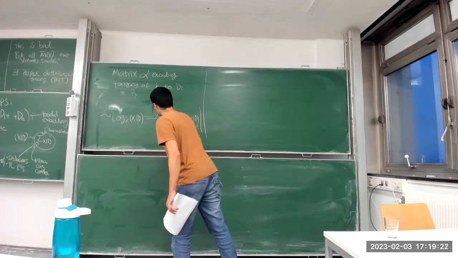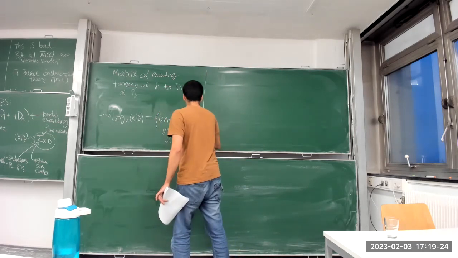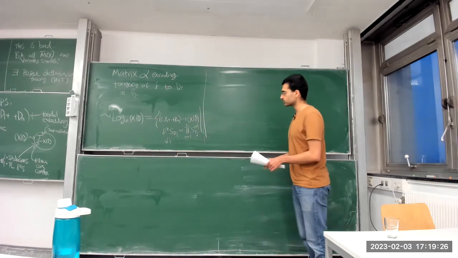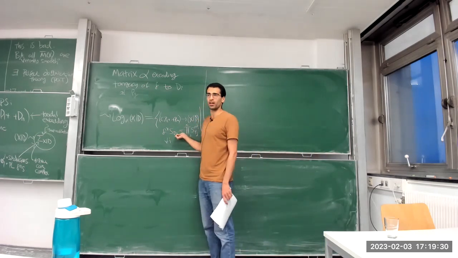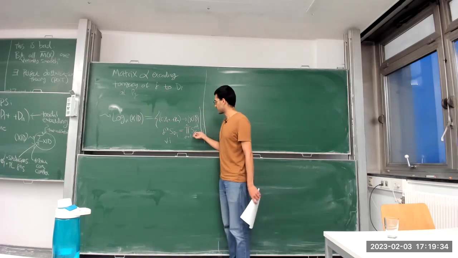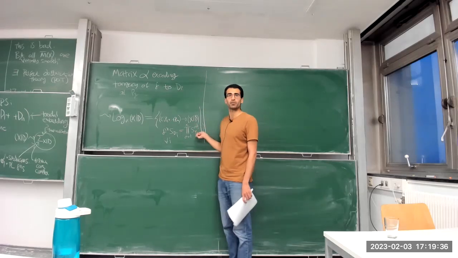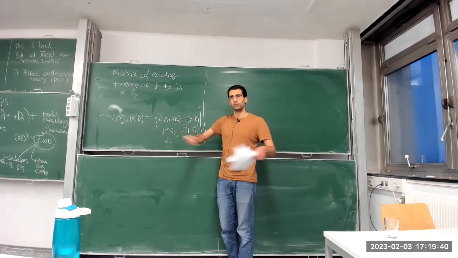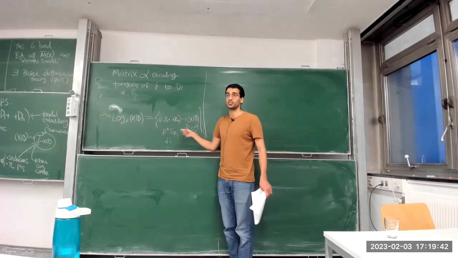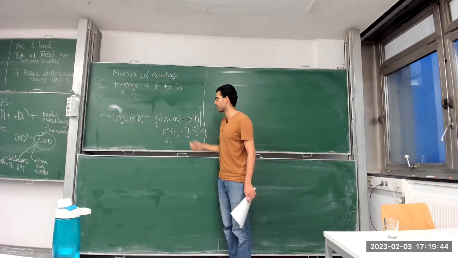And this is for all i. This is a section of the line bundle of D_i, which vanishes along D_i. This is a section of the line bundle, the appropriate sum of the markings on the curve. And what I'm really saying is that there should be an isomorphism of those line bundles which identifies these sections, and that's precisely saying that this map vanishes.